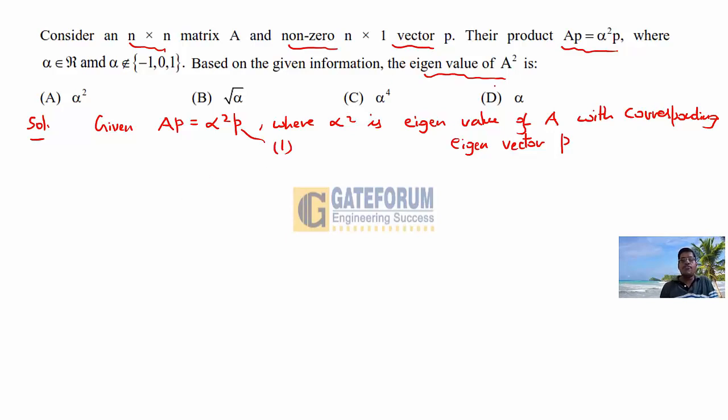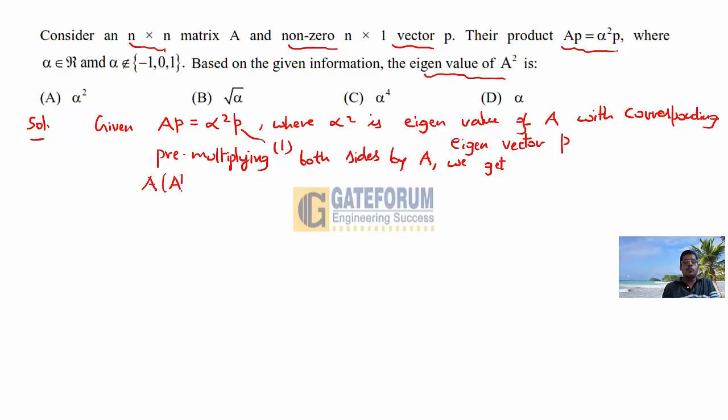We are asking for the eigenvalue of A square. So to get A square, pre-multiply both sides by the matrix A. We get A into AP equal to A times alpha square P. Here alpha square I can put in front because it is a constant, according to the associativity of matrix multiplication.